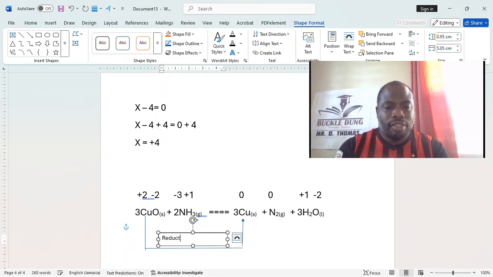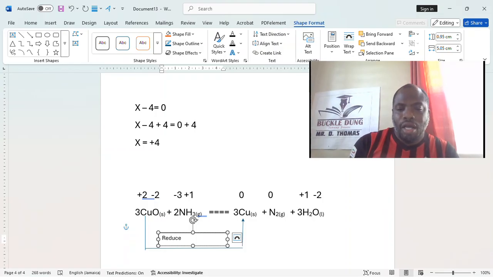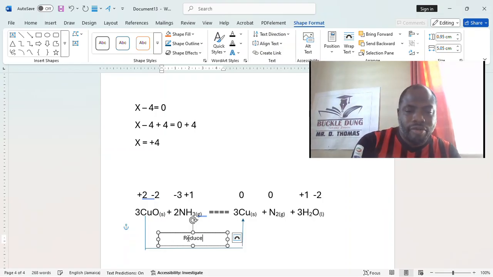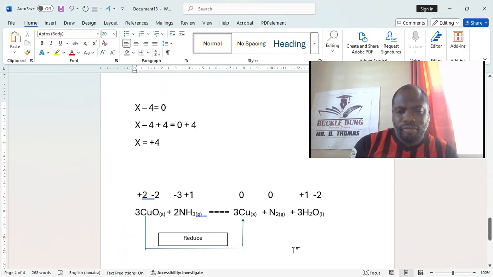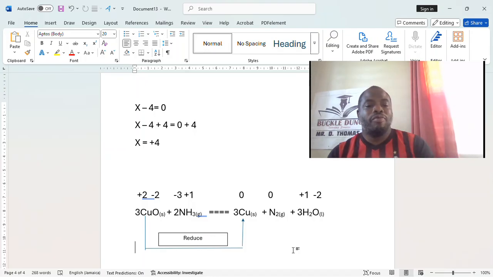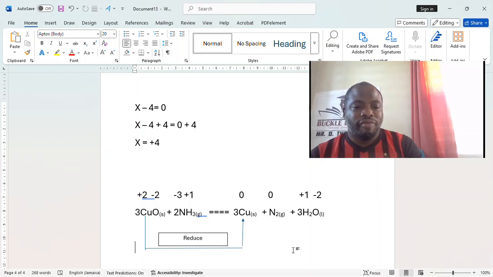So we know that we can write that the copper oxide is being reduced. Not true? So we're seeing where the oxidation. So again, the question would have been, CXC could have asked you who is being oxidized. Look at the equation given below.